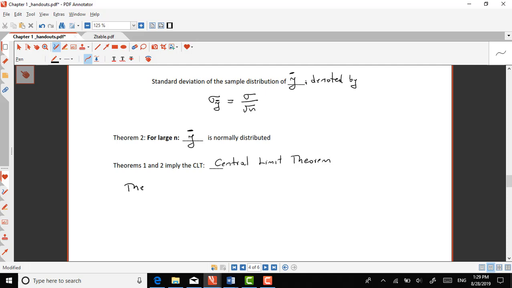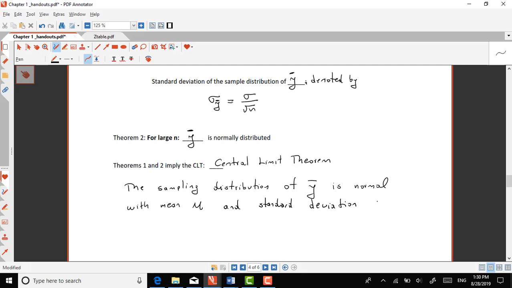Which tells us that the sampling distribution of the sample mean is normal with mean mu and standard deviation sigma divided by the square root of n.